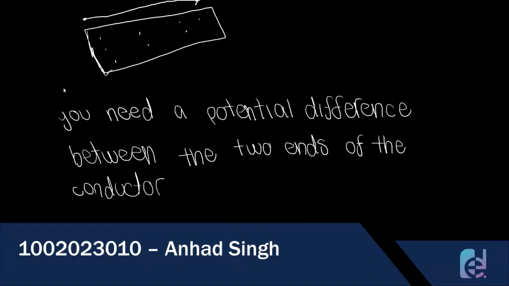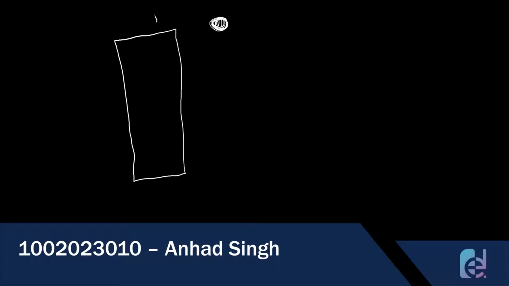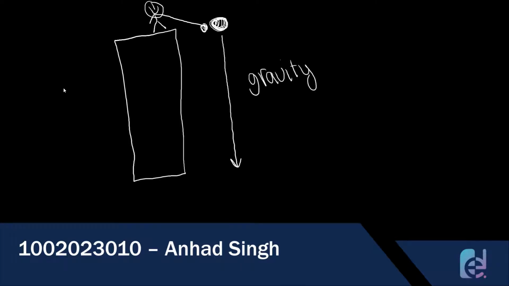Okay, so now what is this potential difference that makes electrons go from one end to the other end? You can think of a potential difference like gravity. If you take a ball to a really high height, say you're on top of a building, standing right here, holding this ball with your really big hand, gravity, of course, is going to make this ball move to the ground.